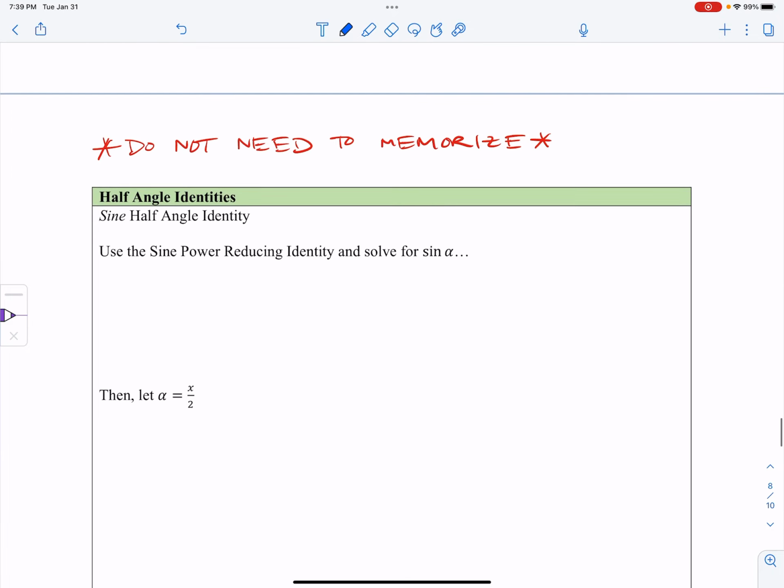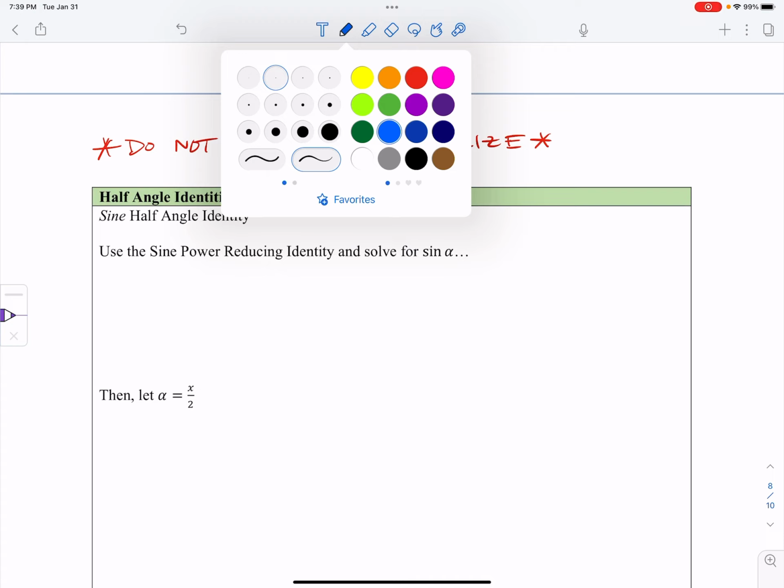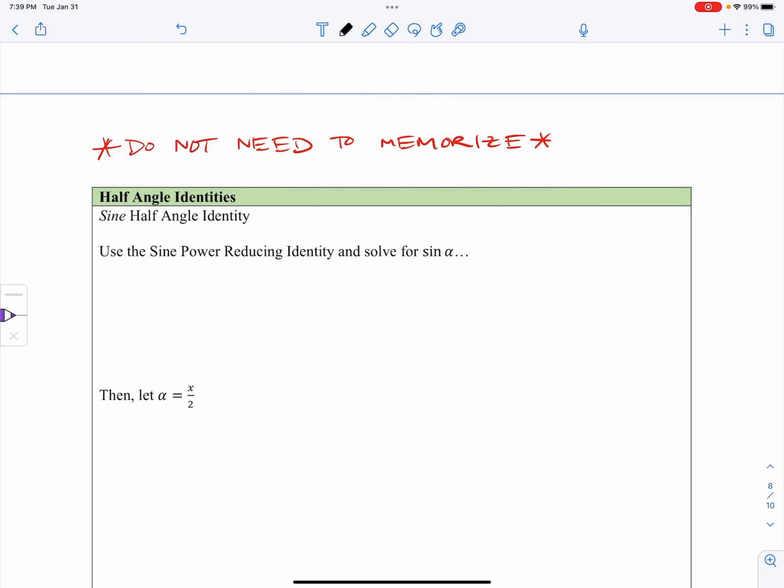The half angle identities, you do not need to memorize them, but you do need to know they exist. Okay, so I'm going to show you guys how to derive them still, maybe to help get them into your brain a little bit better since I'm not making you memorize them.